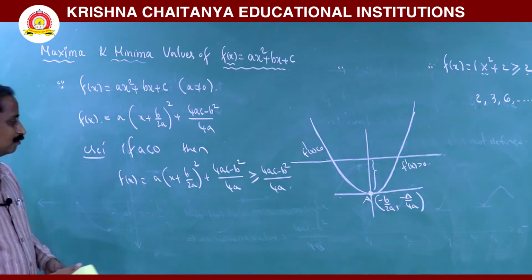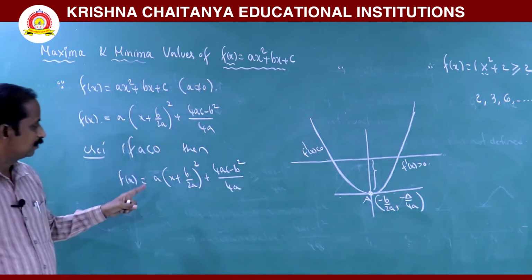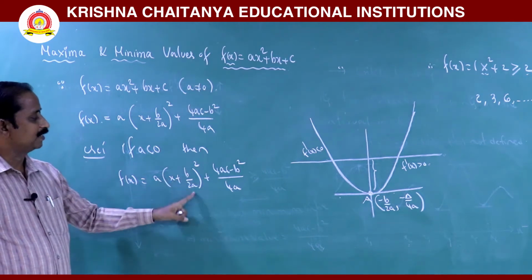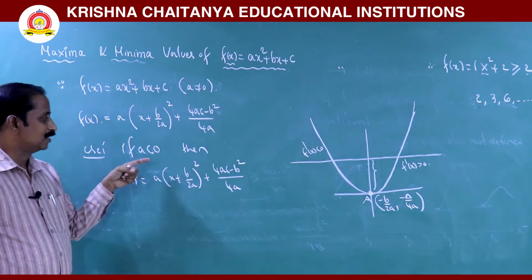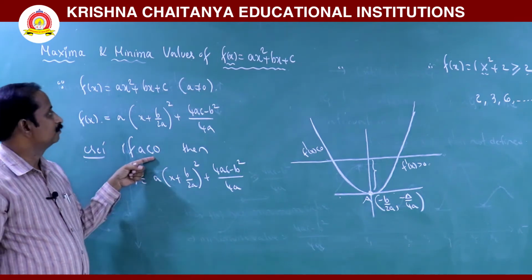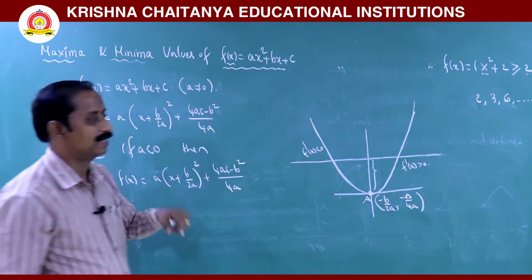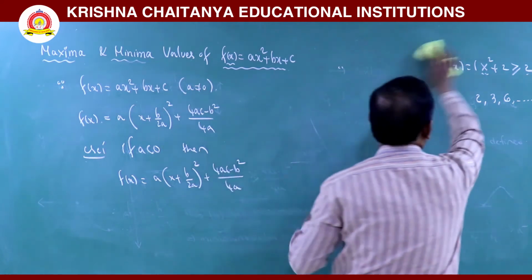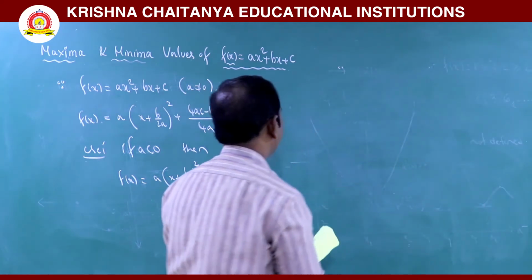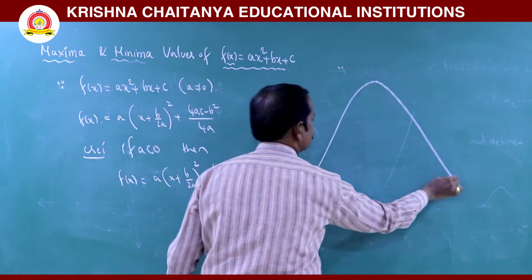Then f(x) is a(x + b/2a)² + (4ac − b²)/4a. If a is negative, the quadratic curve opens downwards. If you consider the graph of f(x) opening downwards, the shape of the graph looks like this.